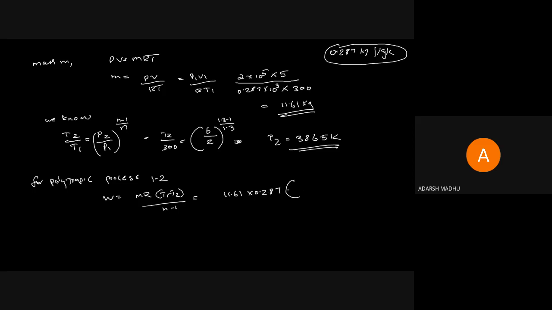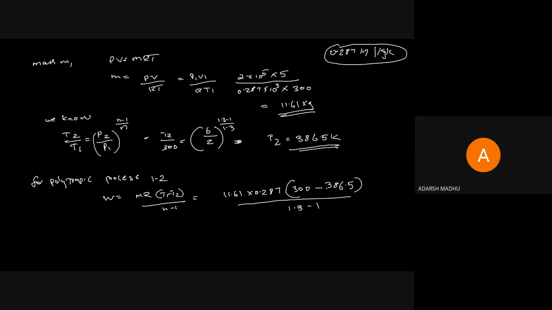T1 minus T2, where T1 is given as 300 and T2 is 386.5, whole divided by 1.3 minus 1. So it is 300 minus 386, which is a negative value.